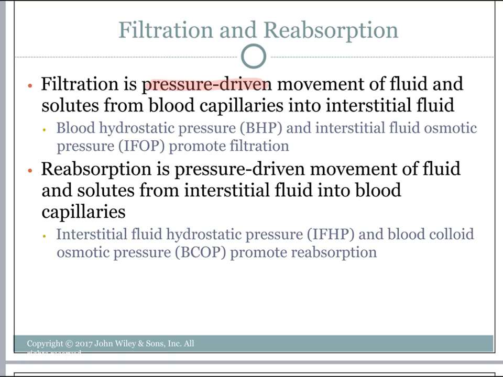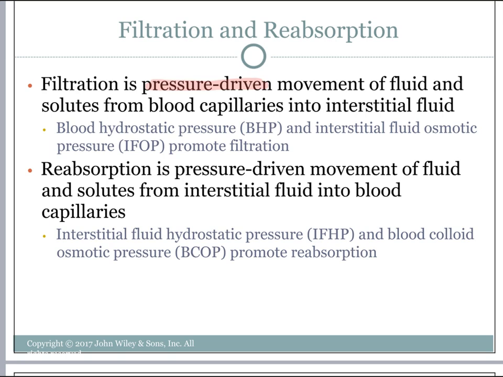So we're dealing with a couple forces. Number one, blood hydrostatic pressure, which is the pressure that the fluid in blood exerts onto the capillary bed. Next is the interstitial fluid osmotic pressure. So we're talking about the pressure outside of the capillary in the interstitium that is promoting outward filtration.